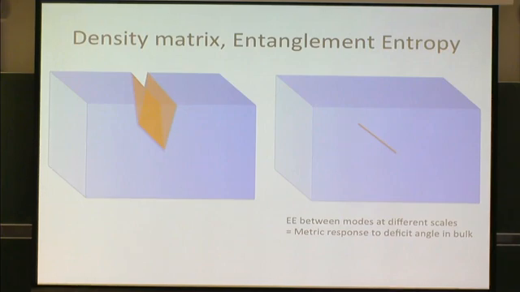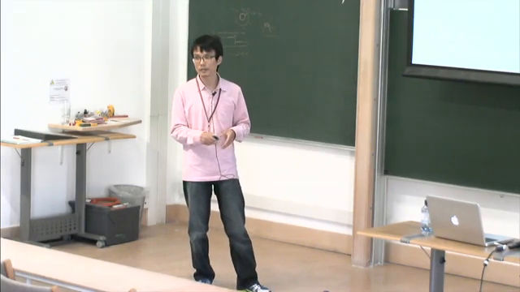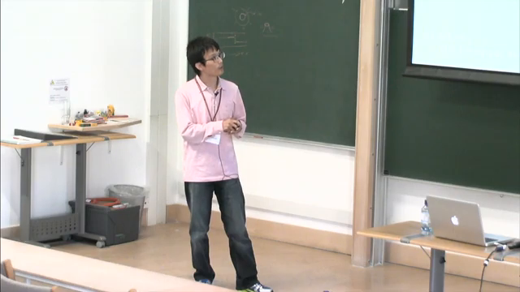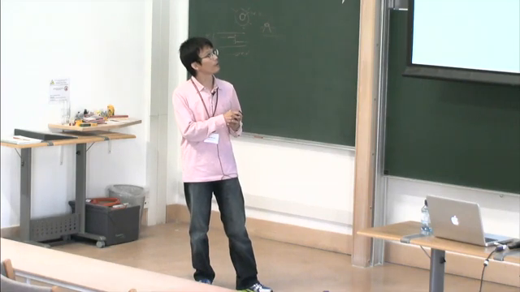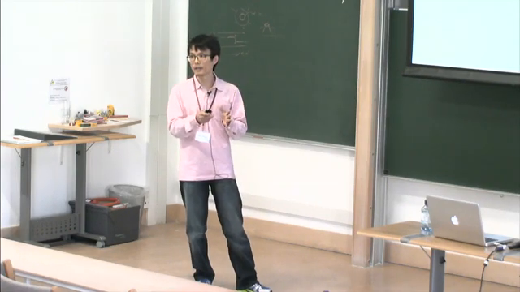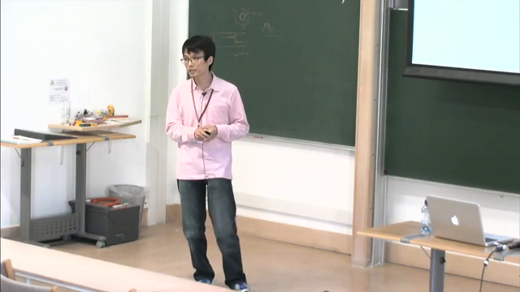For example, we can think about entanglement between, say, low energy mode and high energy mode. Suppose now, starting from this ground state wave function, I trace out the low energy mode. Okay, and then the density matrix will look like this. I have two edges, and my boundary configurations are defined on these two edges.